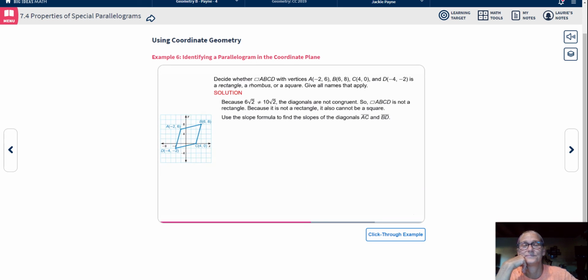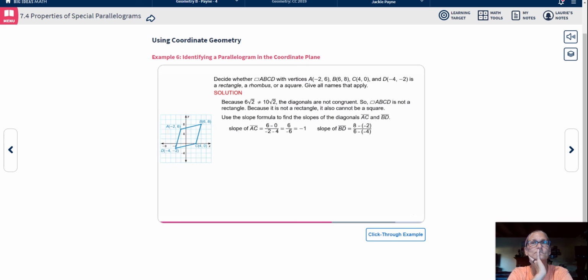Now use the slope formula to find the slopes of the diagonals AC and BD. The slope of segment AC is equal to the quantity 6 minus 0 divided by the quantity -2 minus 4, which equals 6 divided by -6, or -1.